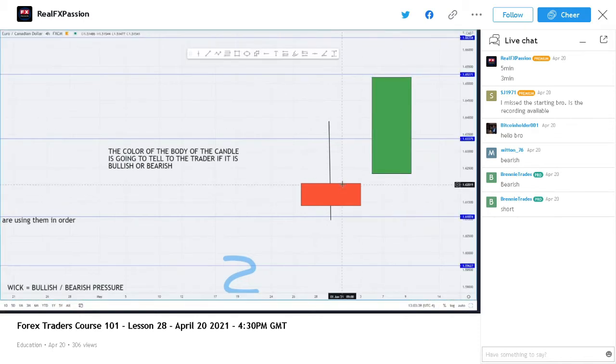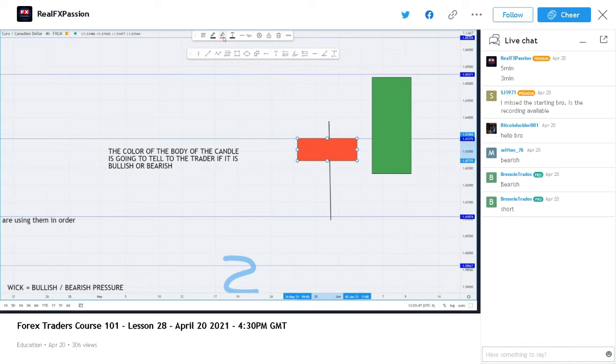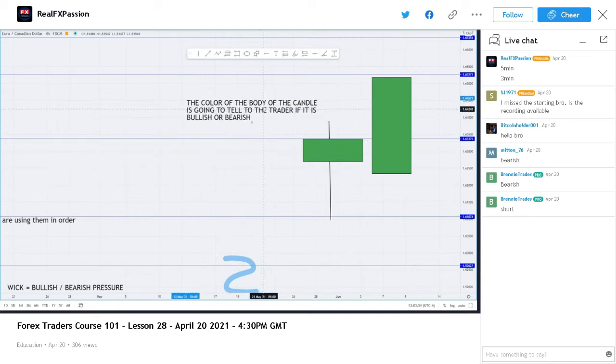It's going to be green from the TradingView default settings, and the candle of the decision and the wick is going to be positioned like this. Still preferably green, right? Now the color of the body of the candle is going to tell the trader if it's bullish or bearish. What is the color telling you? It's green, right?